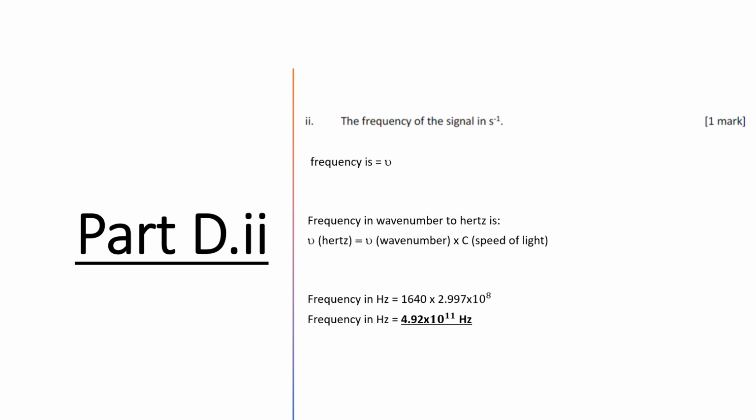Now the speed of light is 2.997 times 10 to the 8 meters per second. So we multiply the 1,640 given in the question by c, and we get the frequency as 4.92 times 10 to the 11 hertz, or seconds to the minus 1.